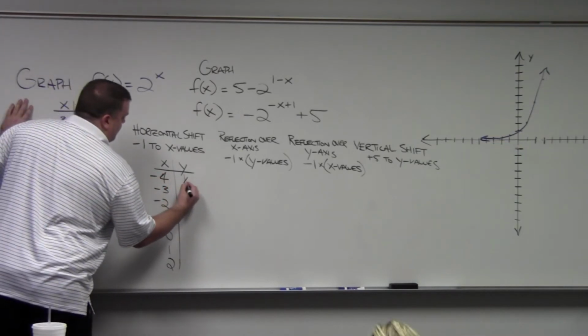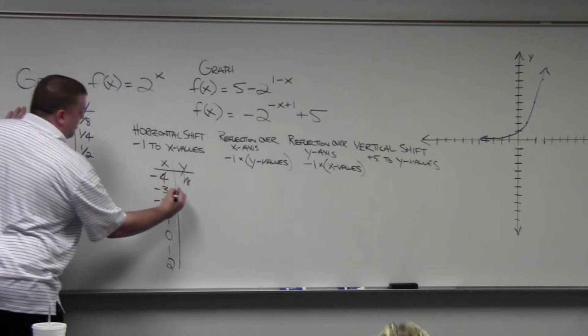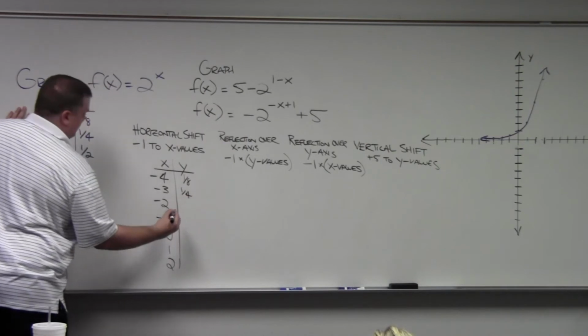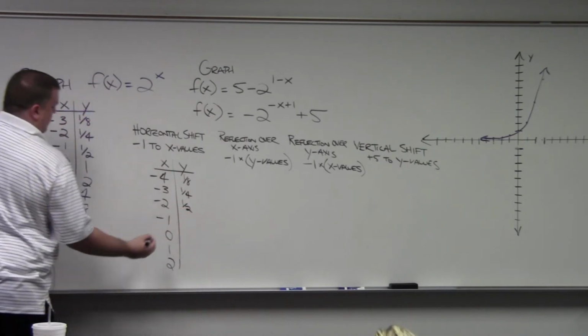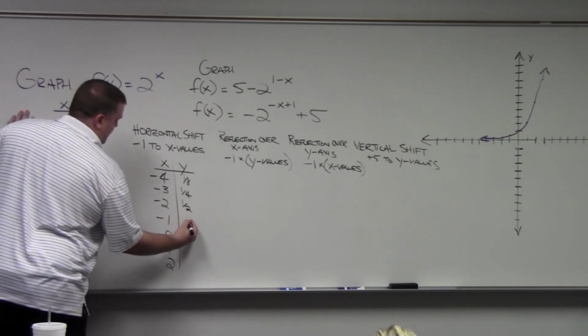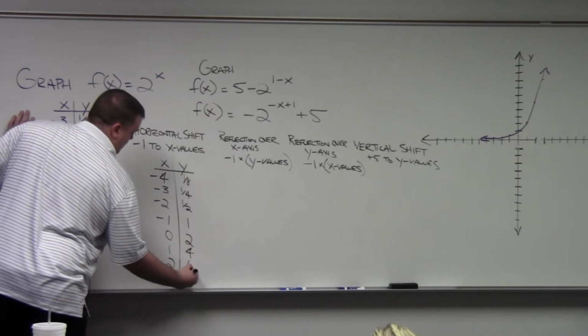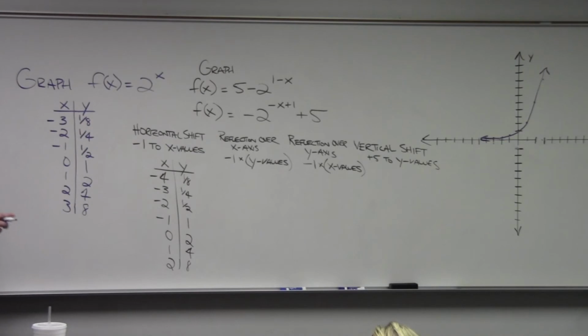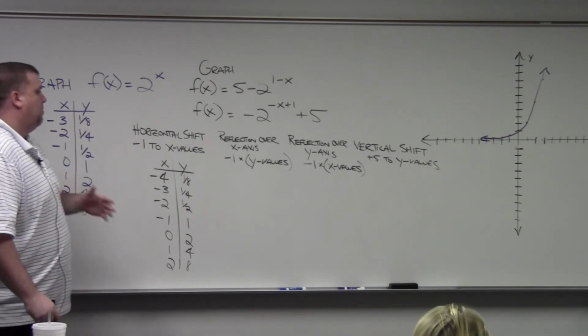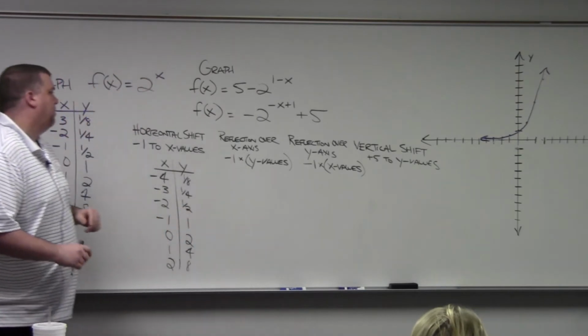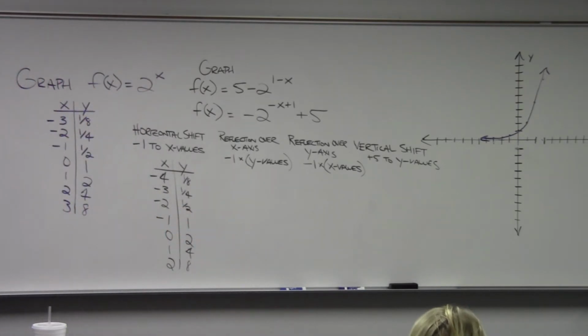So for this table, I'm just going to rewrite my y values. For my reflections, I'm just going to be multiplying my x and y values by negative 1.